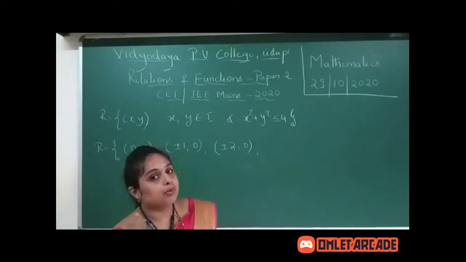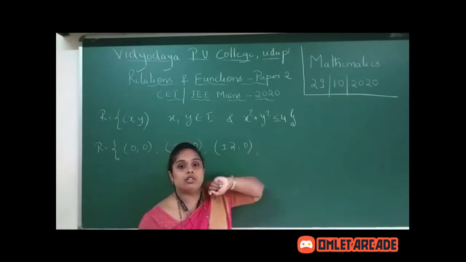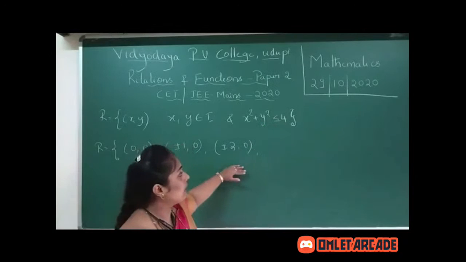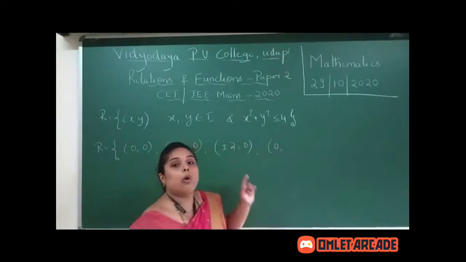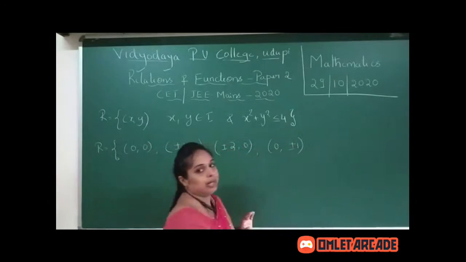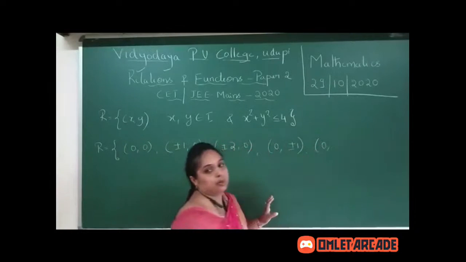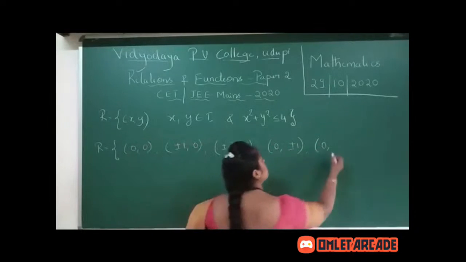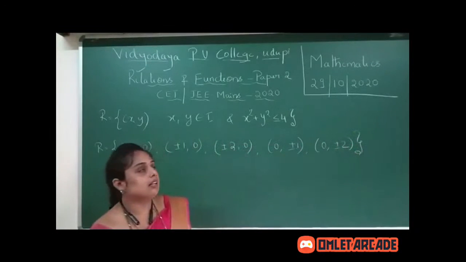Not more than that, because if I put 3 or minus 3, its square will be 9 and this condition will not be satisfied. Similarly, I can even put x as 0 and y as plus or minus 1, or x as 0 and y as plus or minus 2. Okay, that's it. This is the relation.